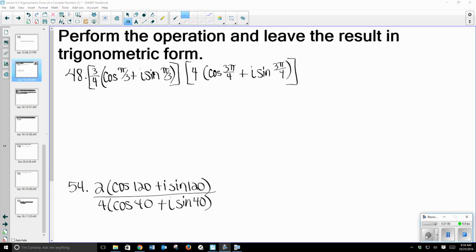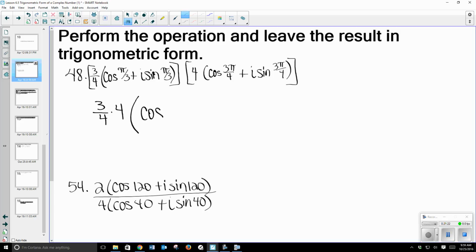Okay, so to perform the operation here, there's a shortcut. To multiply these together, you can multiply 3 over 4 times 4, and then, well, just watch. 3 over 4 times 4.